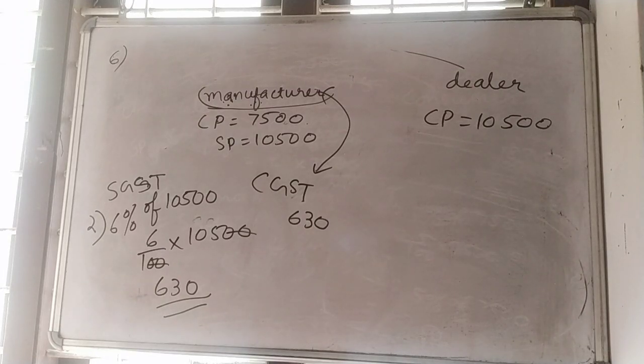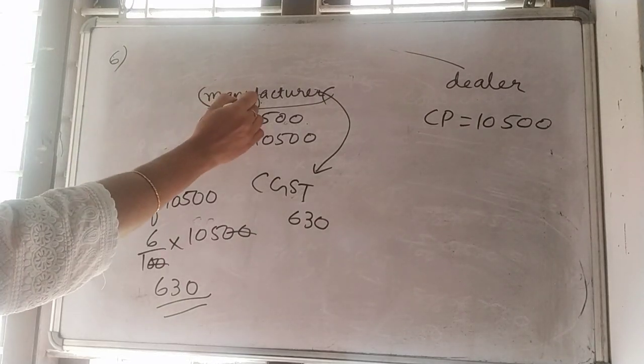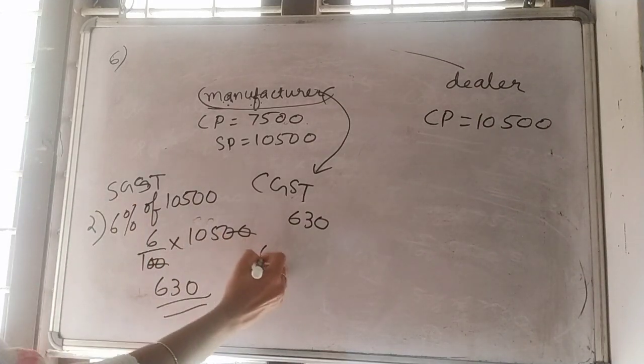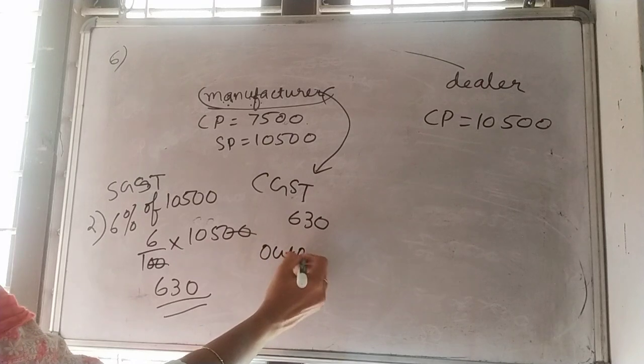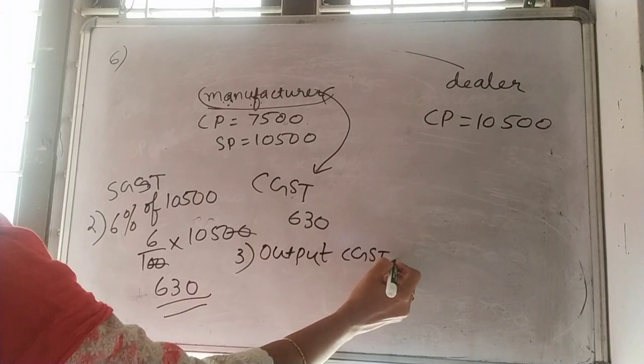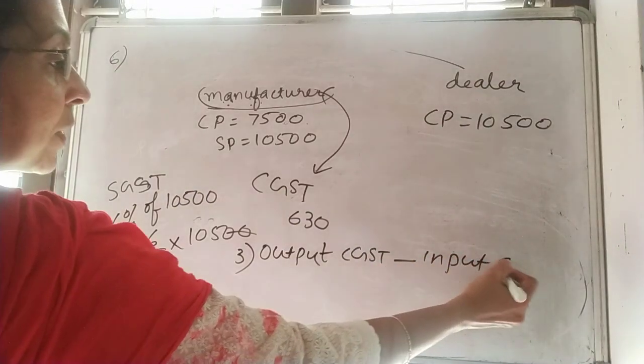Next, the net tax paid by the manufacturer to the central government and the state government we have to find out. The third part: net tax paid by the manufacturer to the central government will be output CGST minus input CGST.